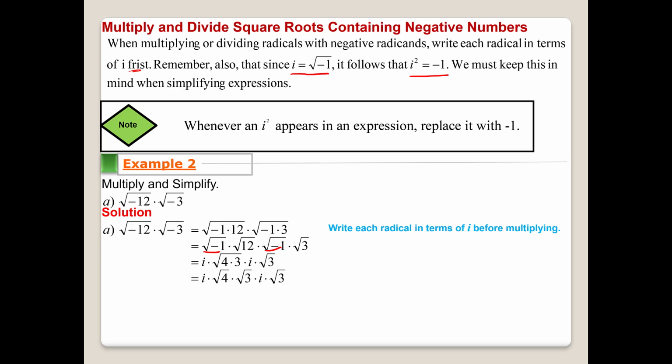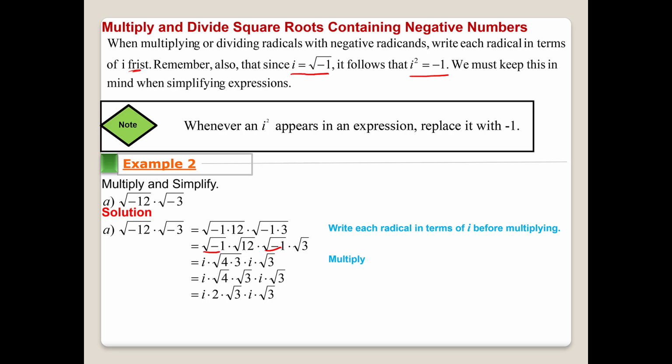But now when we break this radical up, which is square root of 4 times our square root of 3, we'll see what happens here. Because when you multiply these together, you should get i squared times the square root of 4. And then if you take square root of 3 times square root of 3, well, we should get something a little different here.